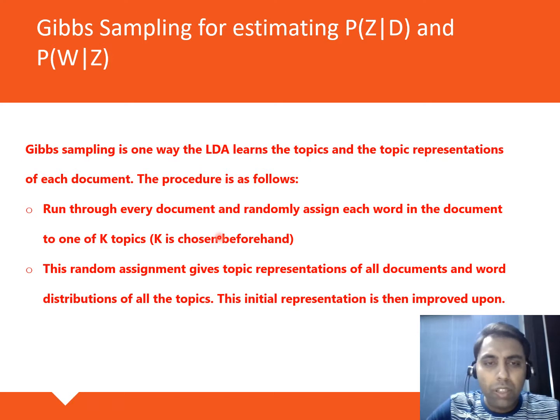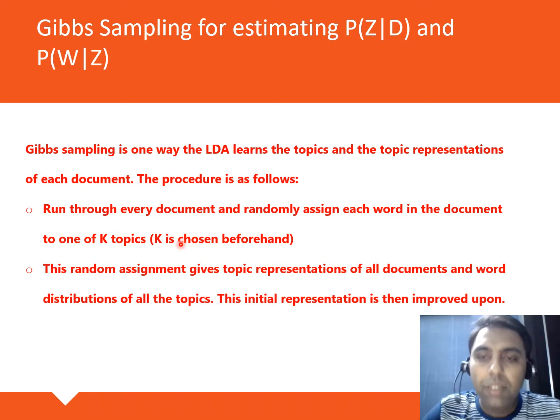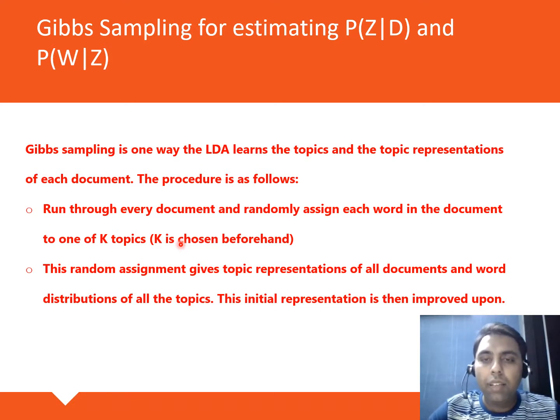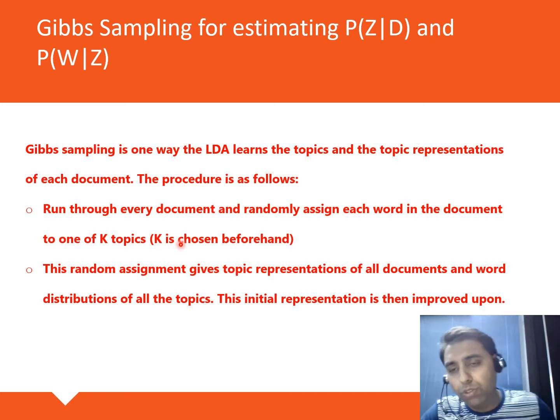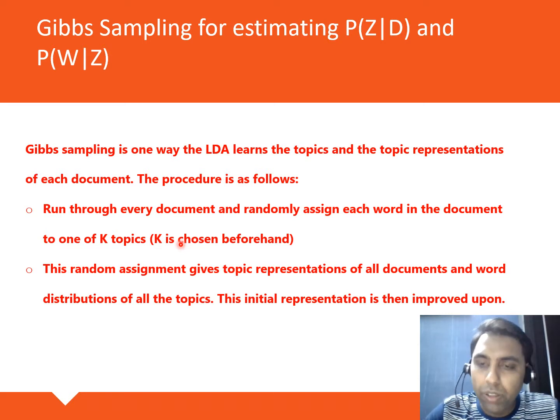How the algorithm gets initiated is, it first runs through every document, one document at a time, or one observation at a time. For a given document, it randomly assigns each word in the document to one of the K topics, which is your aim. You have chosen K beforehand in terms of the number of topics that you want to find from your data.